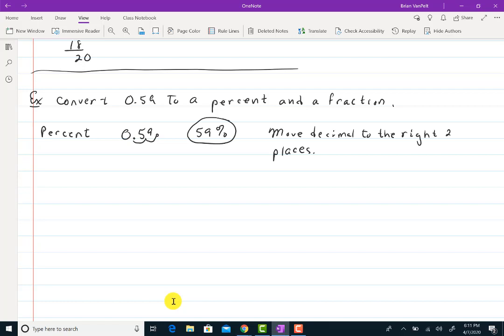All right, then as a fraction, we have 0.59. That 9 is in the hundredths spot. So this equals 59 over 100.